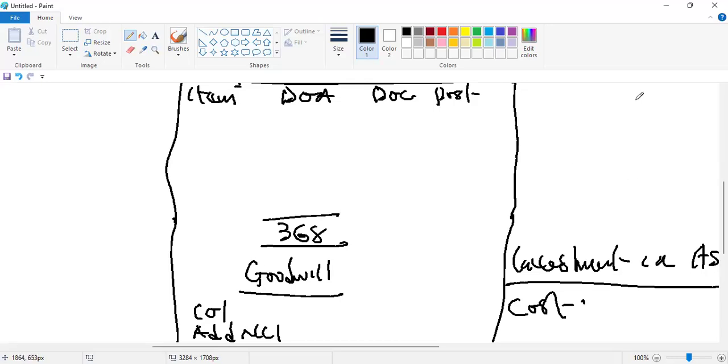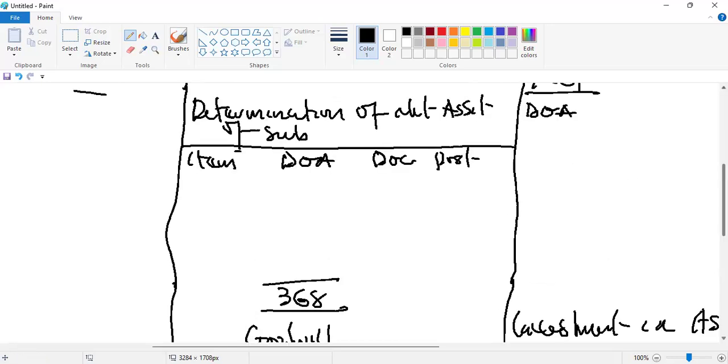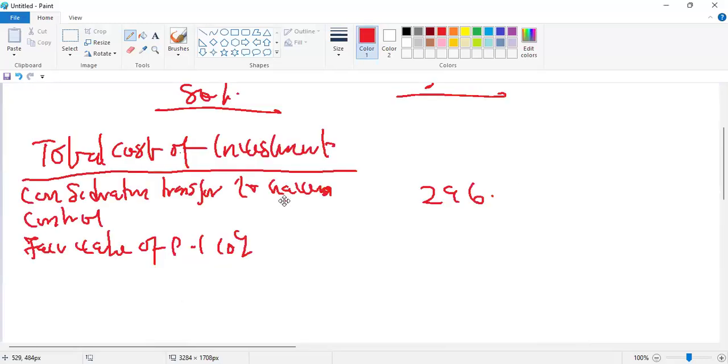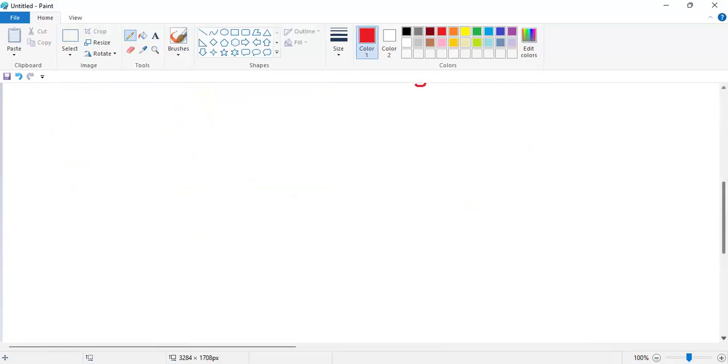To calculate goodwill, the cost of investment to use, what is the fair value of the previous investment? 32. This will now give us 328 for my goodwill.